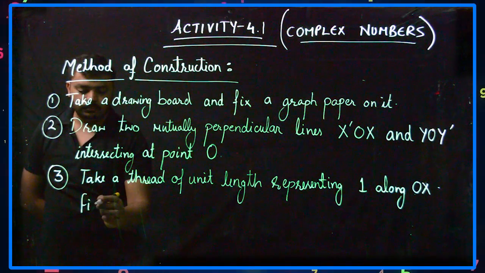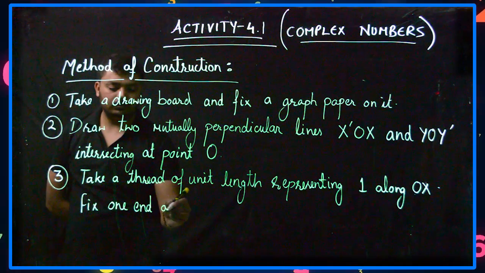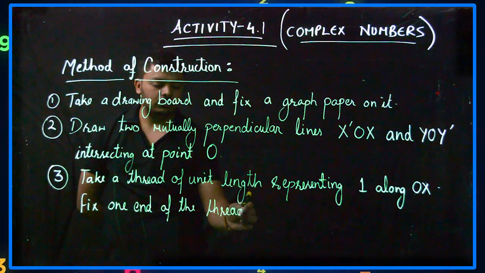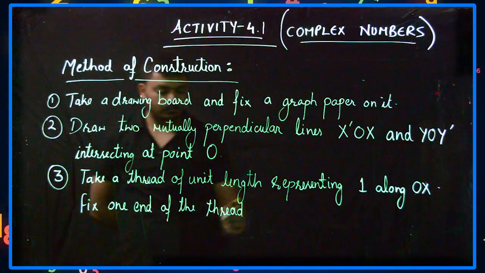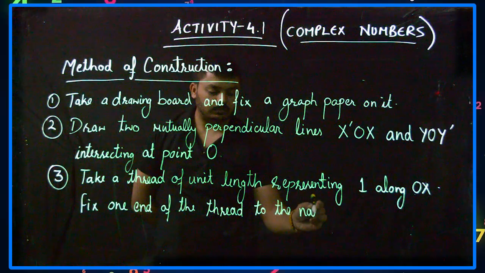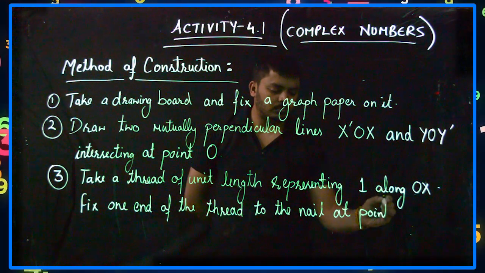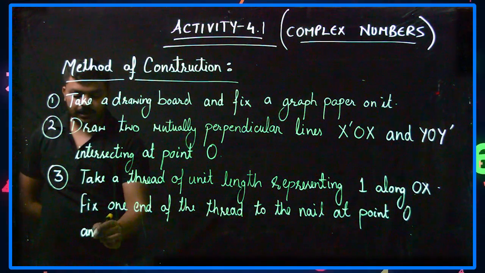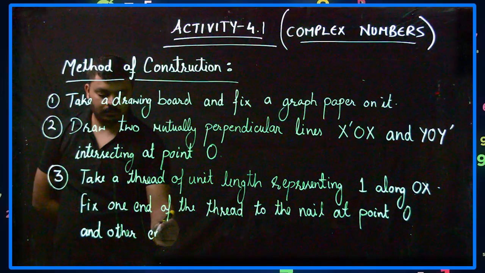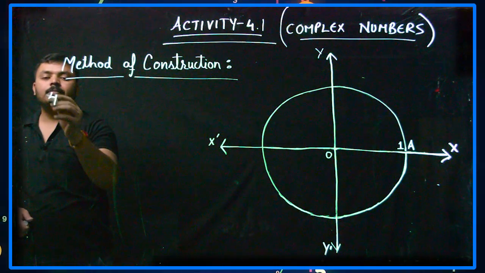Now fix one end of the thread to the nail at point O, and the other end of the thread at A. Now step 4.